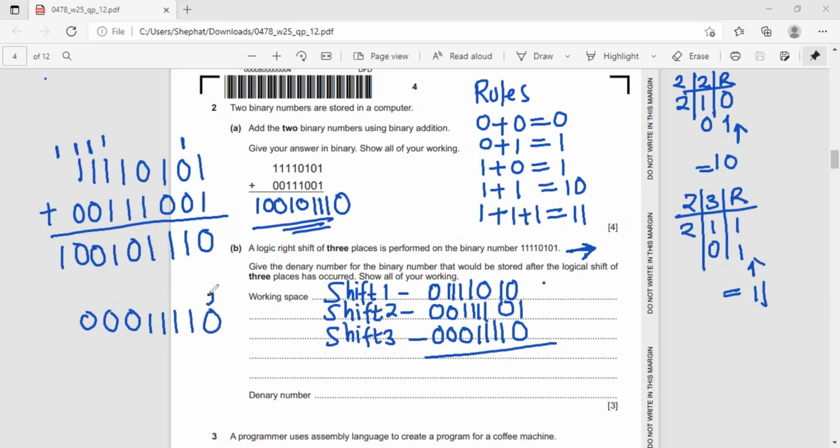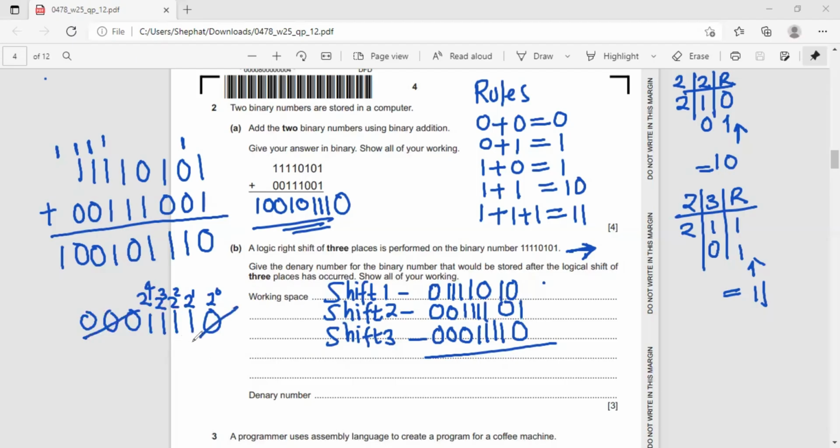So this is 2 to power 0, the place value, 2 to power 1, 2 to power 2, 2 to power 3, then this is 2 to power 4. After this, there are zeros. So if these are insignificant, even this one will still give us a 0.